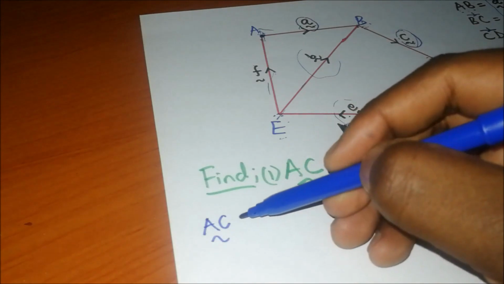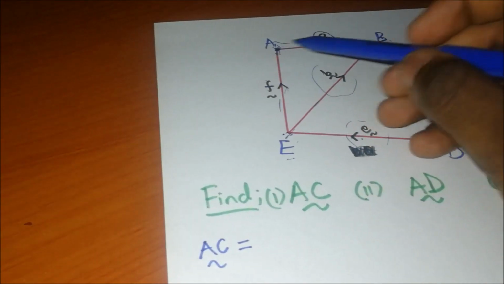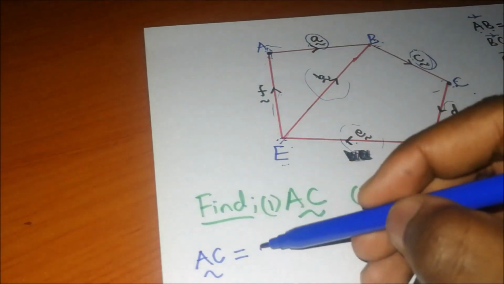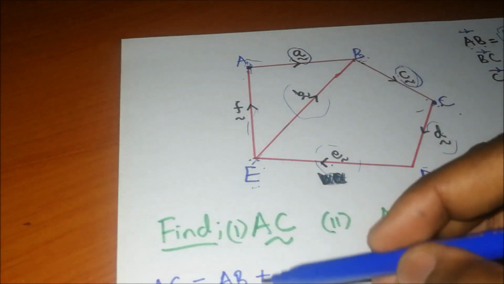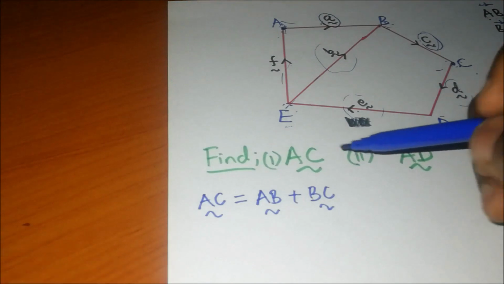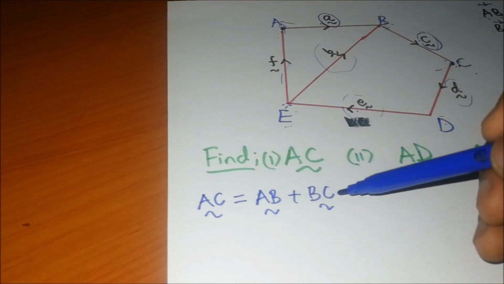So if I'm to find SC, this is how I would do it. The vector SC is going to be given by: for me to move from A to C, I can say it is AB plus BC. Take note here, that's route 1.